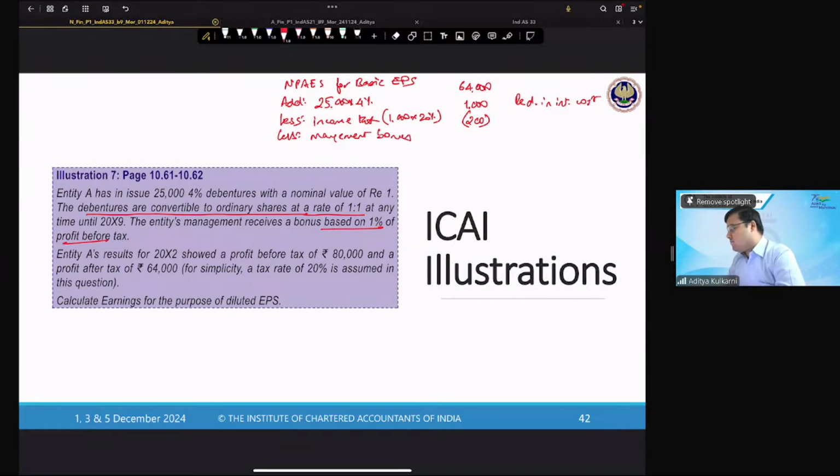How much will it be? 1,000 into 1%, so that reduces by 10.